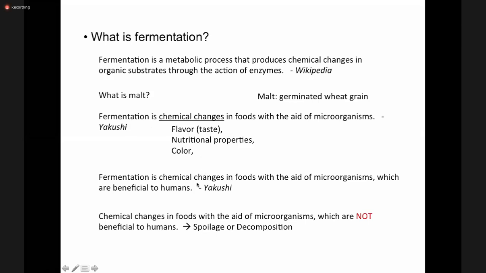But I'd like to add some additional information to this definition. Finally, I'd like to define fermentation like this: fermentation is chemical changes in foods with the aid of microorganisms which are beneficial to humans.